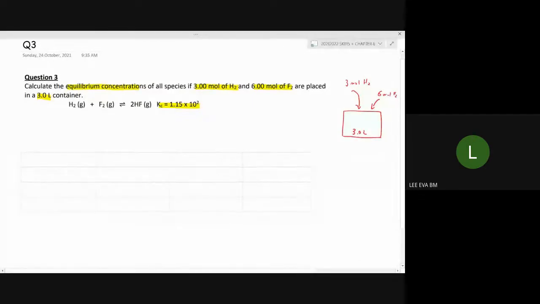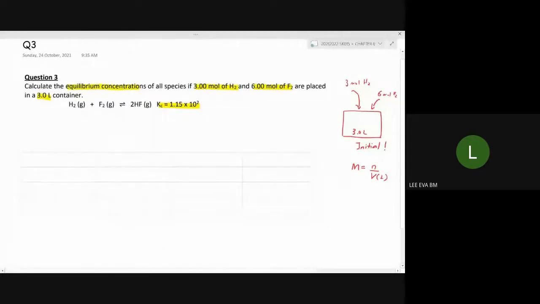So at this point, when I put in H2 and F2, is it initial or equilibrium? Soalan tak ada bagi langsung. Initial, kan? So awak kena nampak macam mana reaction ni berlaku. So this one is your initial concentrations, whereby you can calculate concentration equals to number of mole over volume in liter.